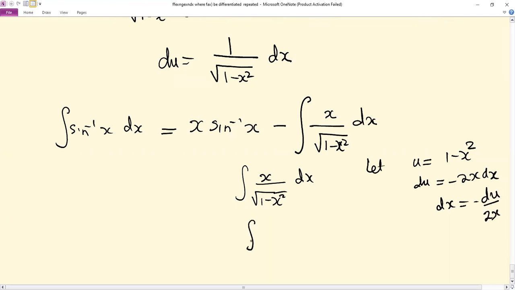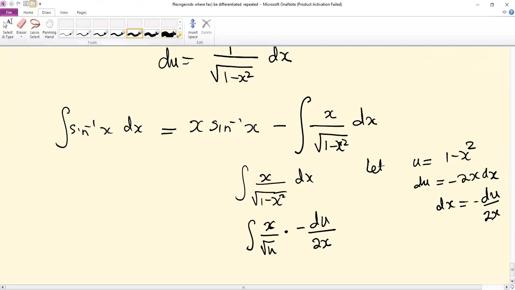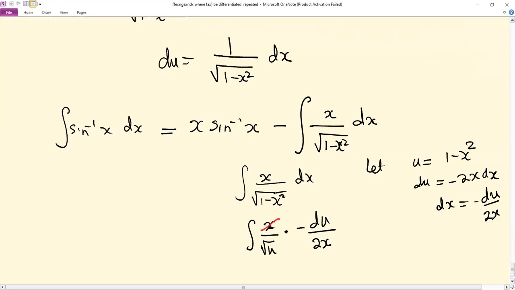So this will be the integral of x over square root of u times minus du over 2x. So x and x cancel out. And then you can factor out a half, so you have a half integral. Now let's factor out negative a half because there's a negative sign here. So du over square root of u.